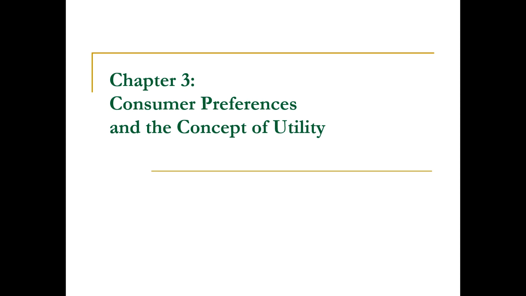So it is important for you as a manager to understand how consumers behave. That is the reason why we are doing this particular topic, because this is managerial economics, and we as managers must understand the behavior of consumers, right?